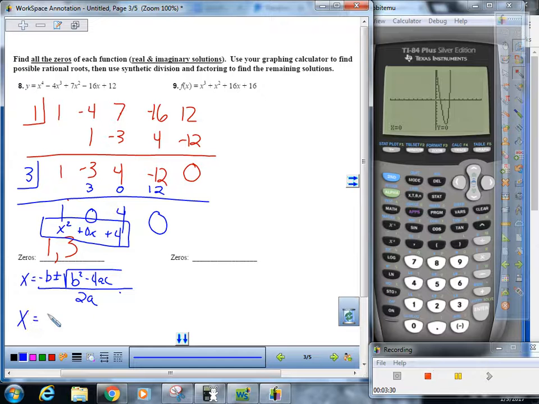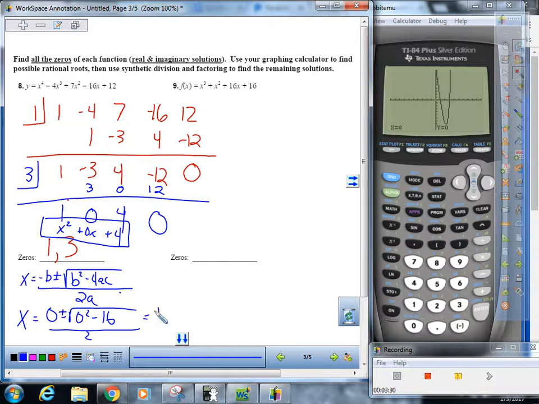So x is equal to minus 0 plus or minus the square root of 0 squared minus 4 times 1 times 4, all over 2. So look what you get.